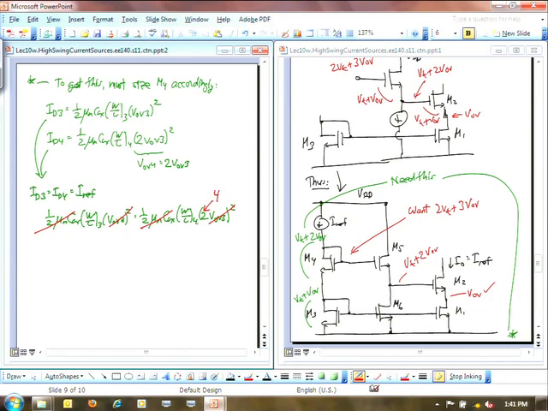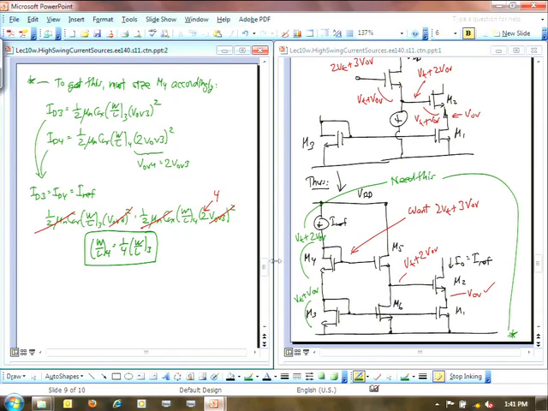And so finally, this really simplifies down to just W over L4 just has to be 1/4 the size of W over L3. If I satisfy this, then I'm going to get 2 VOVs across M4.